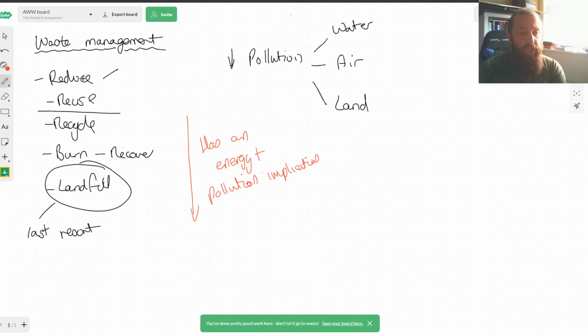So we've got this idea of reduce, reuse. Recycling then is where we actually go and we take a material and we do something with it. So I've got, as some of you will know, I bought a 3D printer at the start of the lockdown, and I've been printing all sorts of things. But actually, some of what I print ends up just not working. So the plastic itself, I could just throw it in the bin. But actually what you can do is you can reuse it, you can remelt it down, you can redo other things with it.